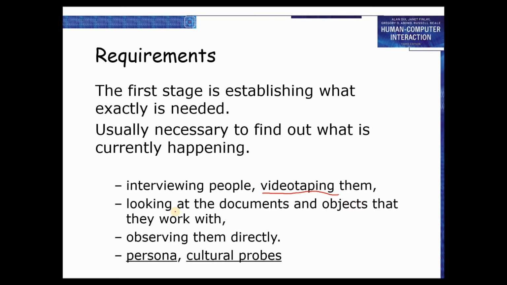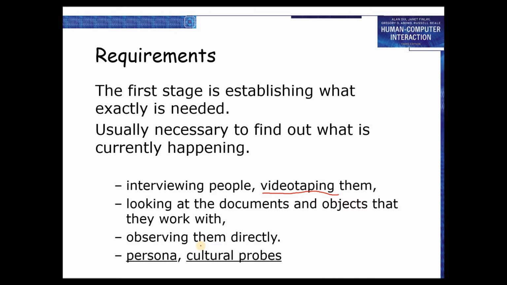Before the SIS came, how were the systems working, how did the faculty take the attendance or save the student marks, and how did they keep records of the student data, their fees and all those things. So they look at the old documents, and also they can observe directly.